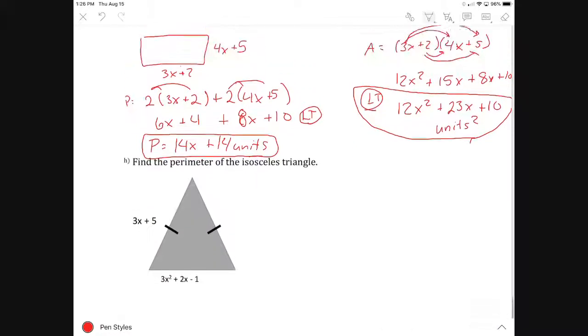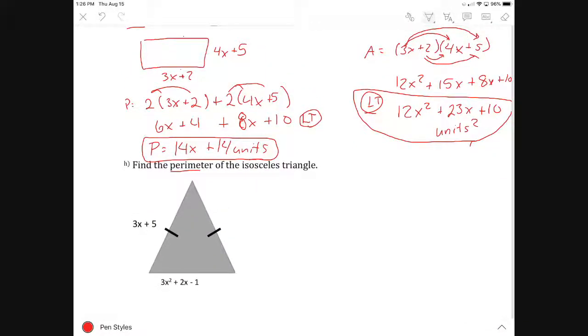Okay, so for our last problem, we need to find the perimeter of an isosceles triangle. If you remember from geometry, isosceles means it has two sides that are the same. That's what our little black dashes are. So if we know that two sides are the same, and our little black dashes represent that those sides are equal, that means that our other side is going to be 3x plus 5.